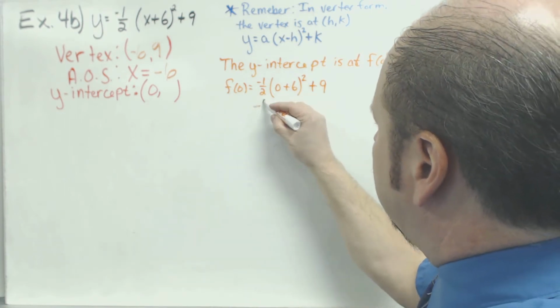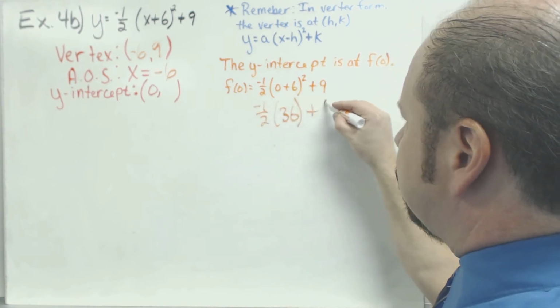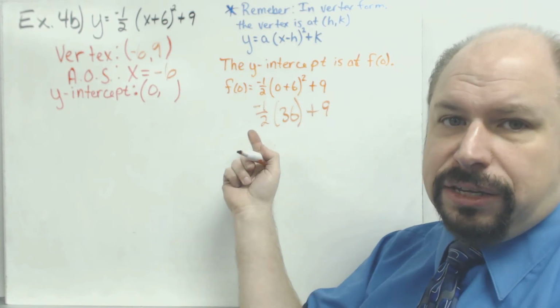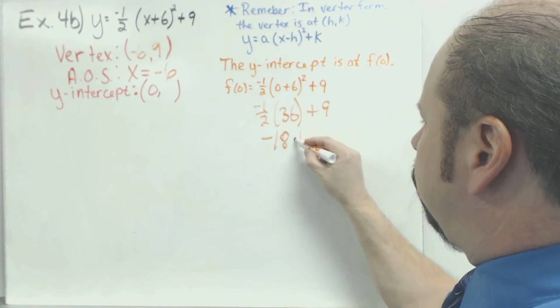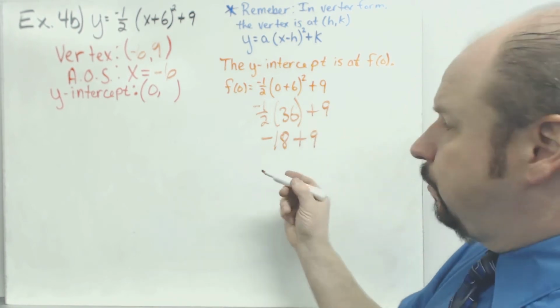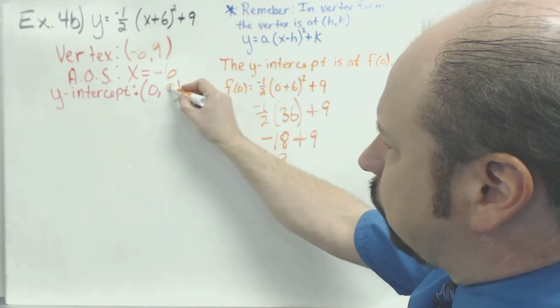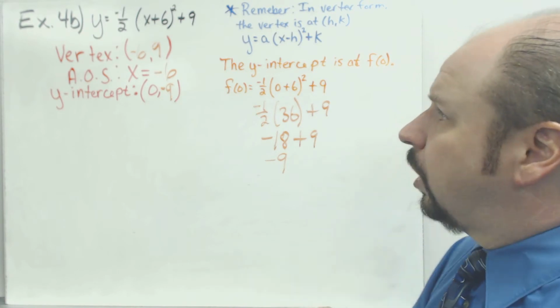So we have negative 1/2 times 36 plus 9. And half of 36 is 18, and it's negative. So negative 18 plus 9 happens to be negative 9. So our y-intercept is at 0, negative 9.